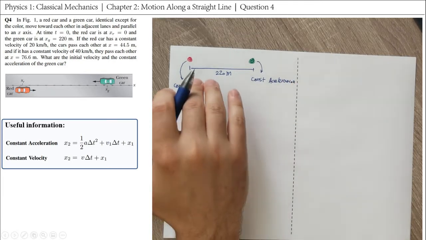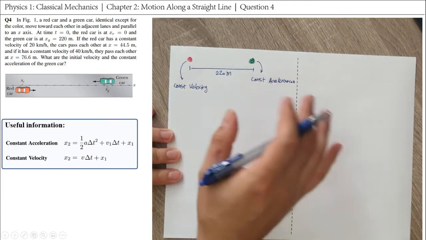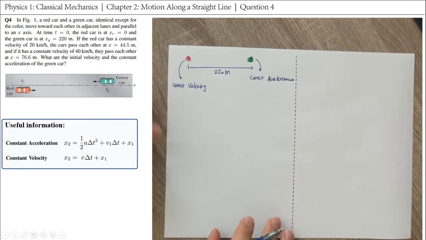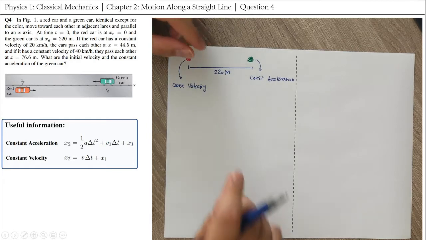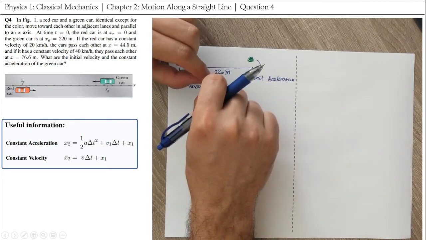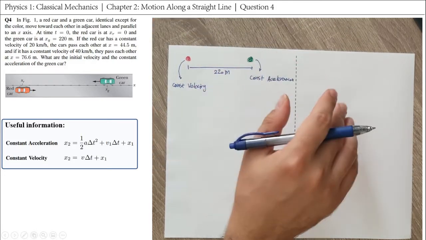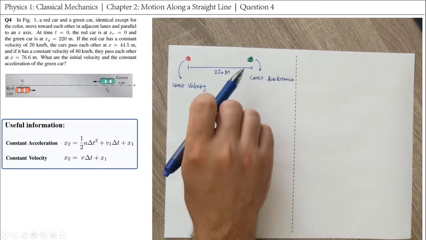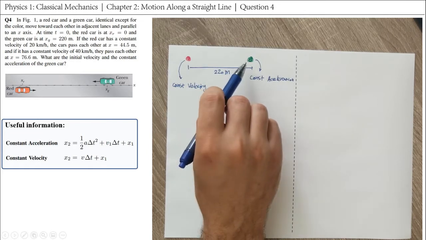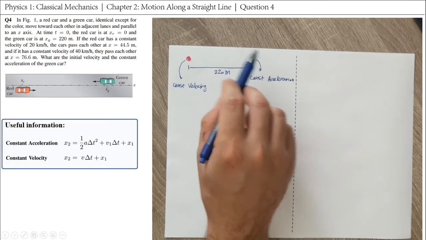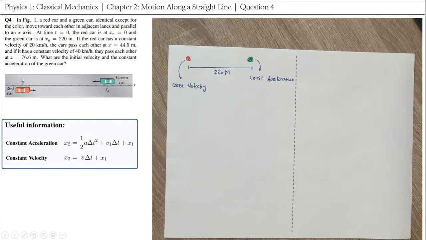Okay, and the question is giving us two different scenarios for which we know the velocity of the red car and we know where these two cars will meet each other or pass each other, okay? And eventually, by giving those two scenarios, the question is asking us to obtain the initial velocity of the green car and the value of its constant acceleration.